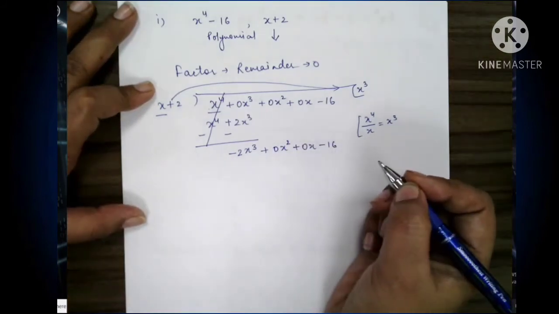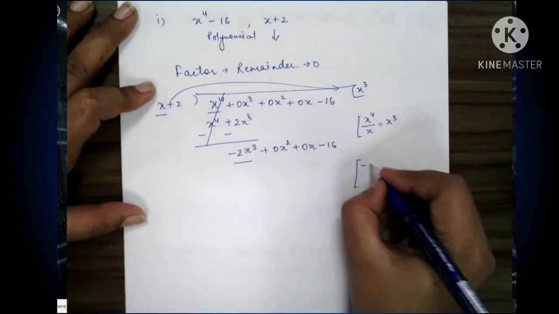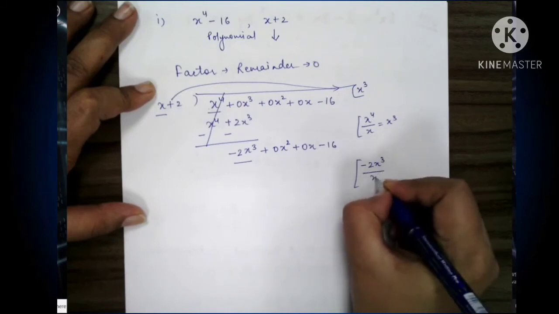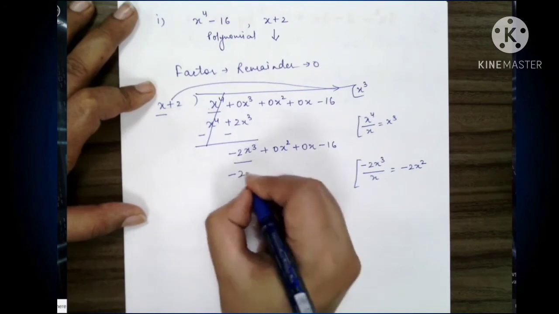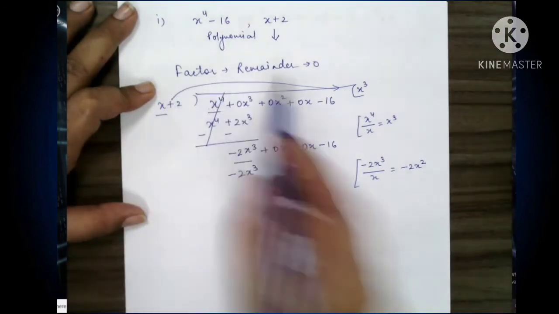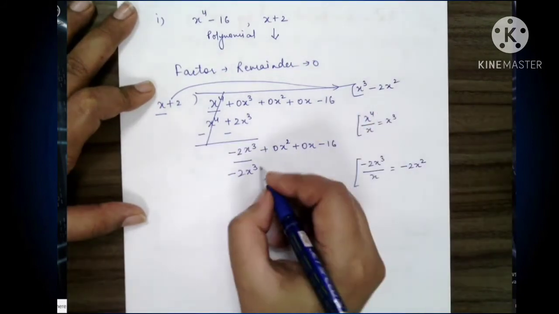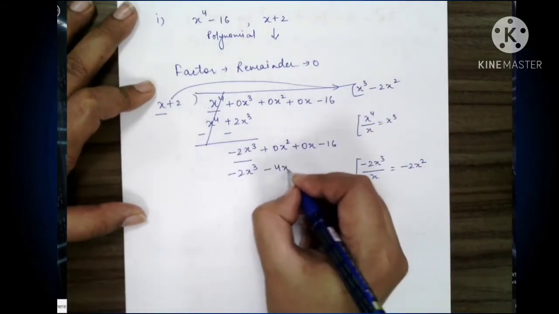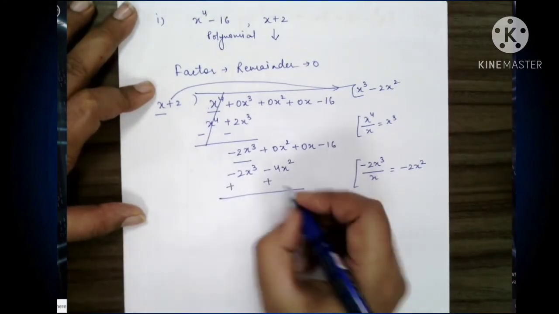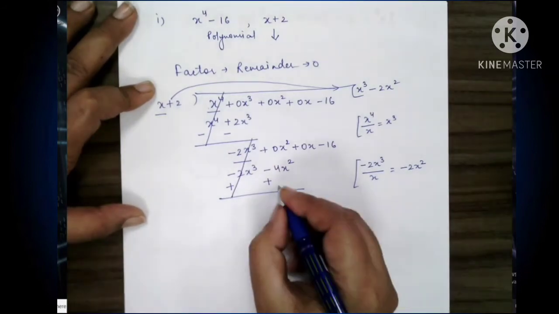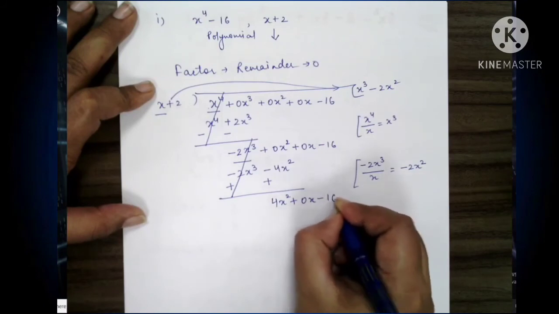Same procedure again. We have minus 2x cube divided by x, that is your minus 2x square. This is the second term. 2 multiplied by this one is minus 4x square. Sign change, plus and plus. It cancels. So we get 4x square plus 0x minus 16.